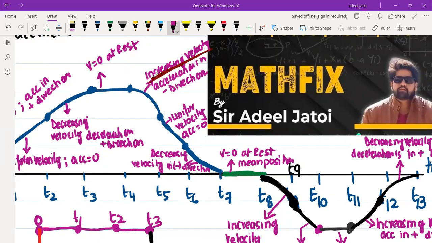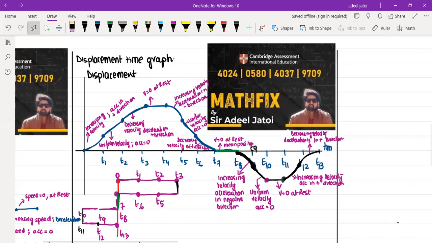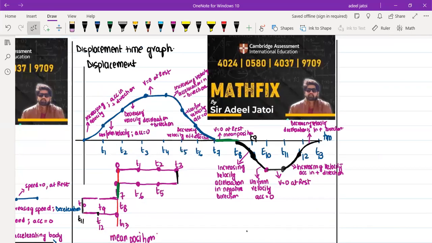So increase in velocity, but obviously acceleration will be there to go towards the mean position at this point. So it will be in the negative direction. Here positive direction, here negative direction, negative and positive direction. So this is your displacement time graph.